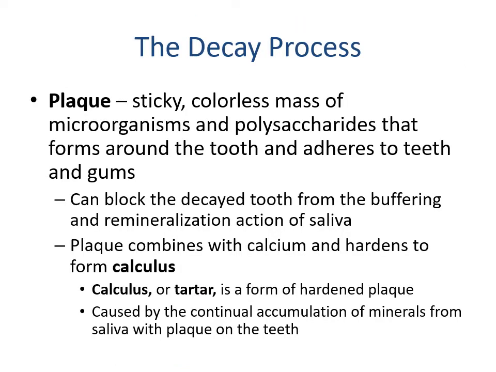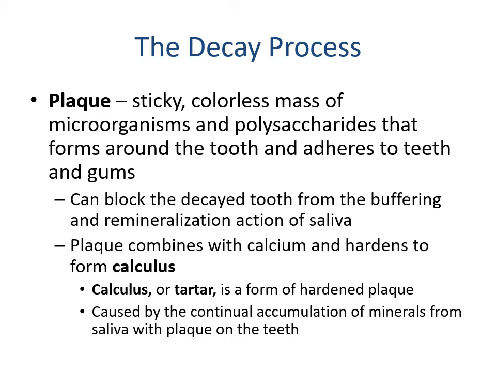Now we do have what's known as plaque, a sticky, colorless mass of microorganisms and polysaccharides that forms around the tooth and adheres to the teeth and gums. This can block the decayed tooth from the buffering and remineralization action of saliva. You've probably had plaque before, that filmy stuff on your teeth that you scrape off and then your teeth feel normal again.